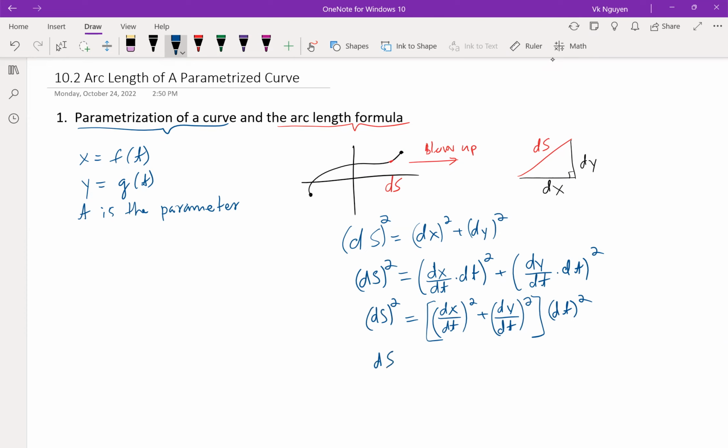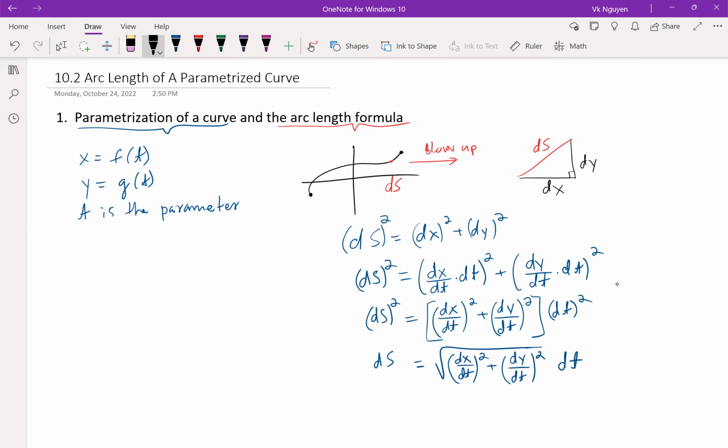So ds would be the square root of this, and that would be the square root of (dx/dt) squared plus (dy/dt) squared, multiplied by dt.